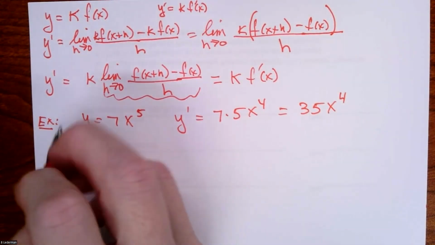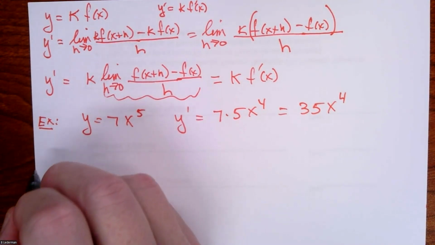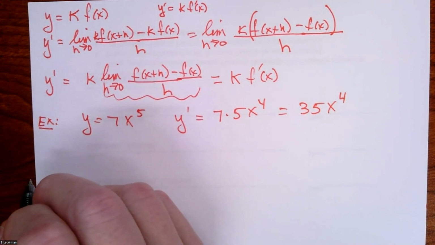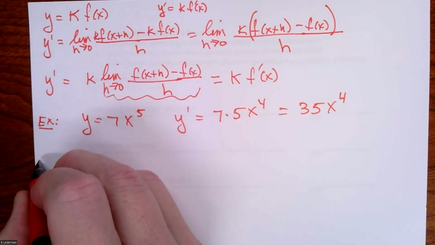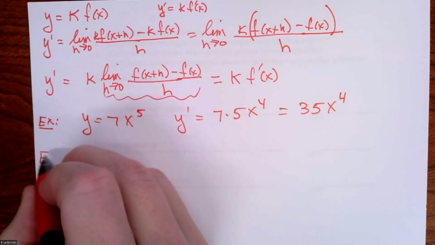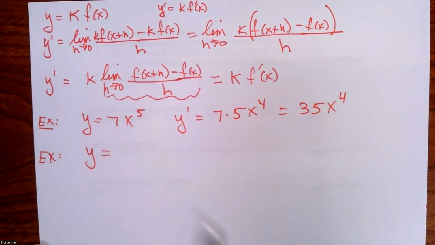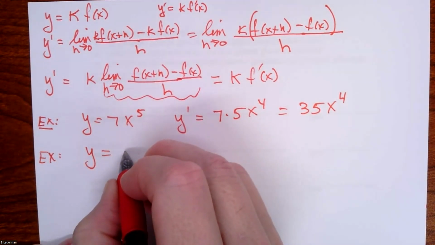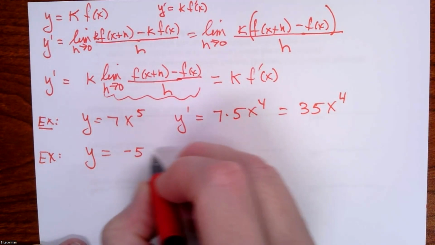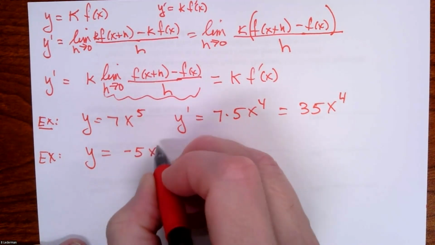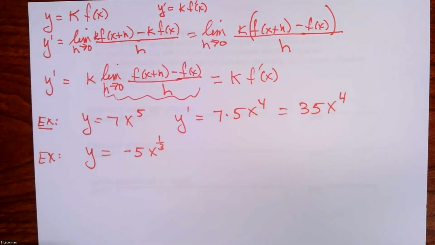Let's do another example. Suppose y is equal to negative 5 times x to the 1/3 power.